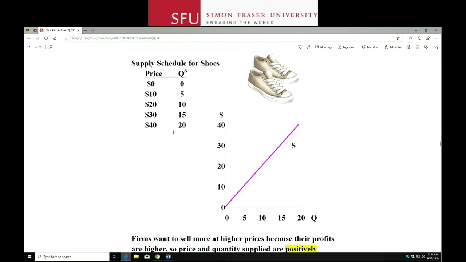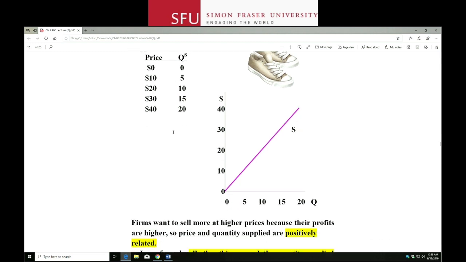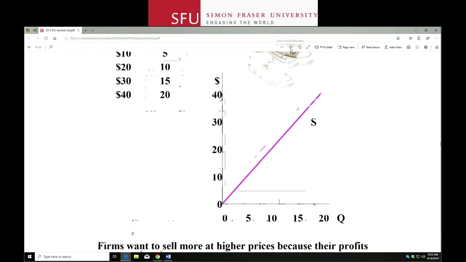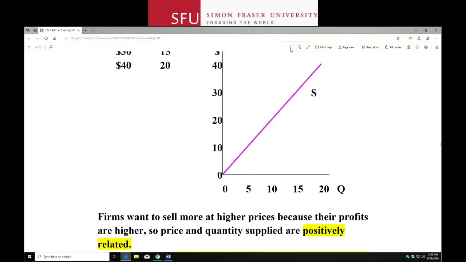All right, so price and quantity are positively related, and that's given by the law of supply.